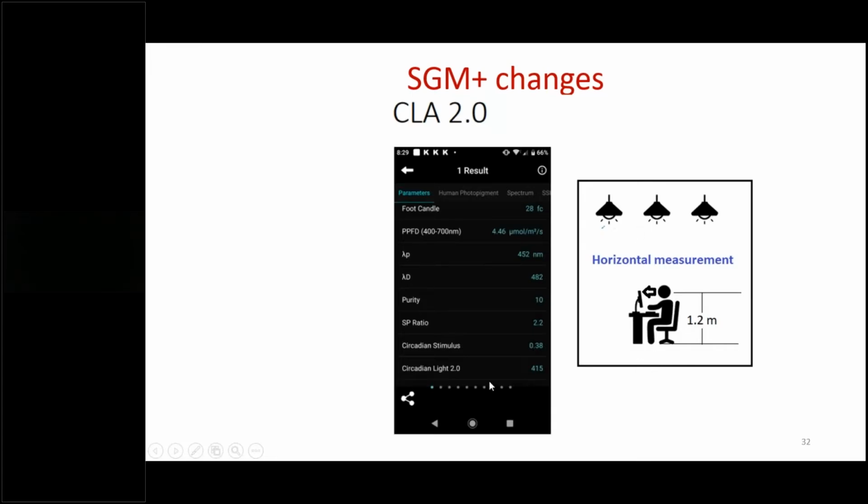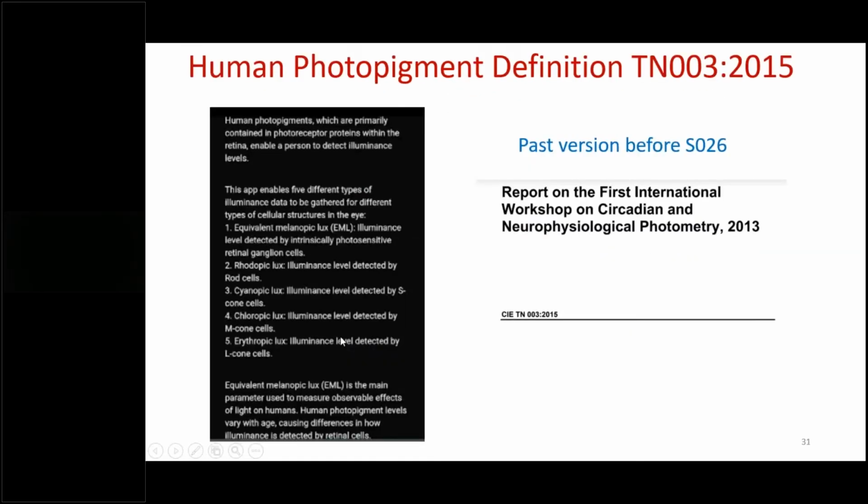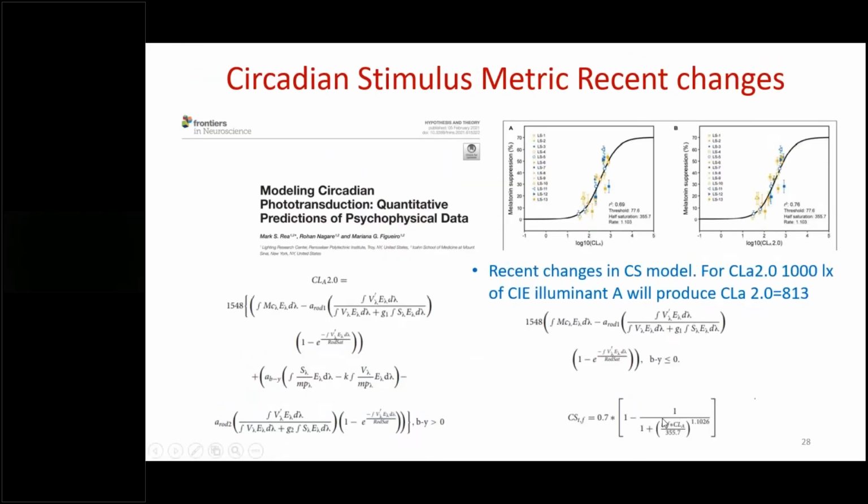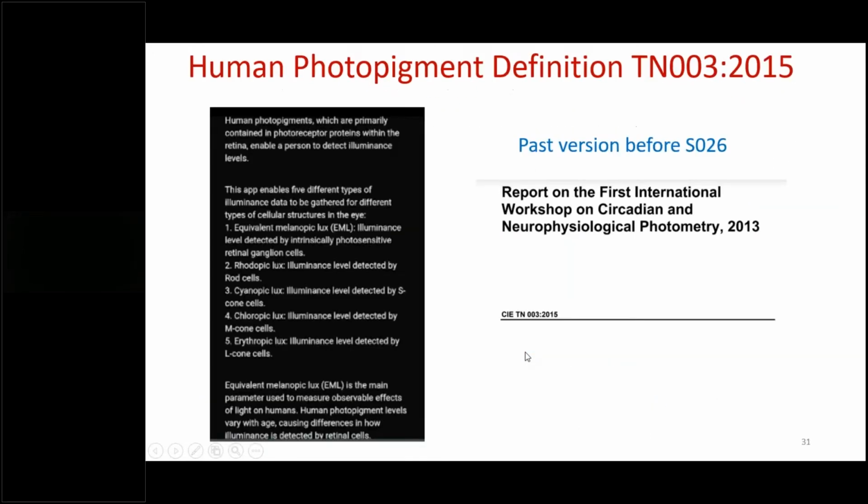So CLA has been now updated to CLA 2, circadian light 2.0, and when this changes, circadian stimulus changes as well, because I showed you in a formula that the both are dependent on each other. So once the first one changes, CS depends on that. It's a function of that. So this is new.